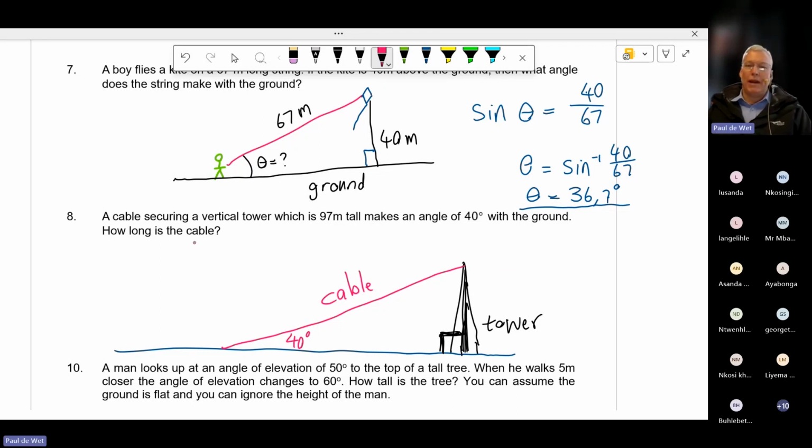What's the other piece of information in this question? What else do I know? 97. Where's 97? 97 is the tower. Which trig ratio can I use to find out how long this cable is?